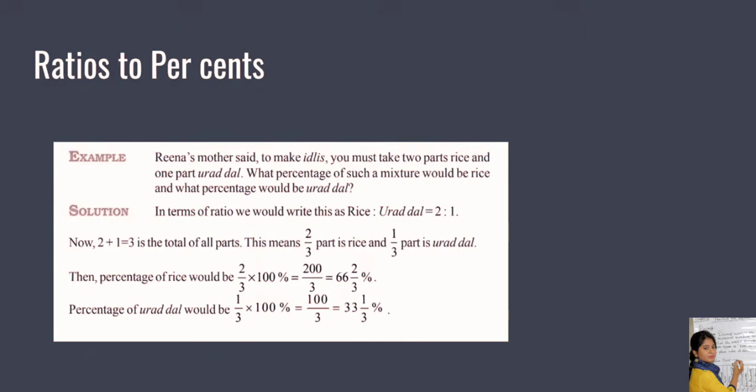So for rice it will be 2 over 3 into 100%. Right? 2 into 100 will give you 200 upon 3, and 200 divided by 3 will be equal to, in a mixed fraction, 66 whole 2 over 3%. Now the percentage of urad dal will be the same, 1 upon 3 into 100%, that will give 33 whole 1 upon 3%.